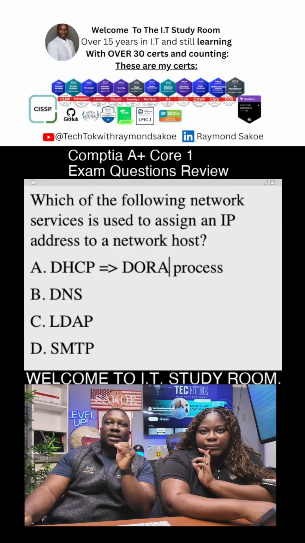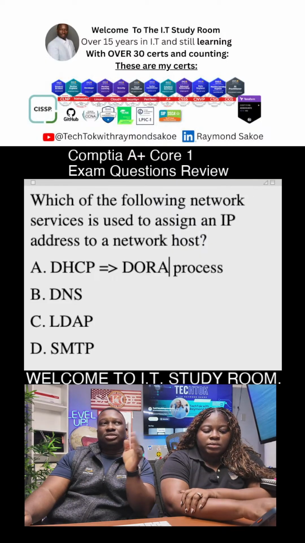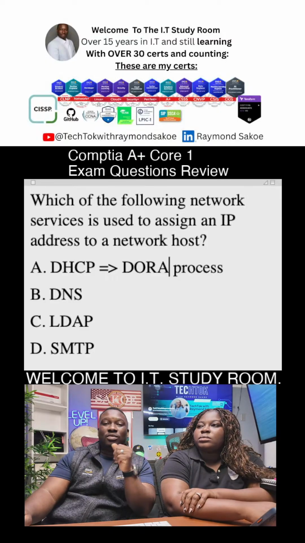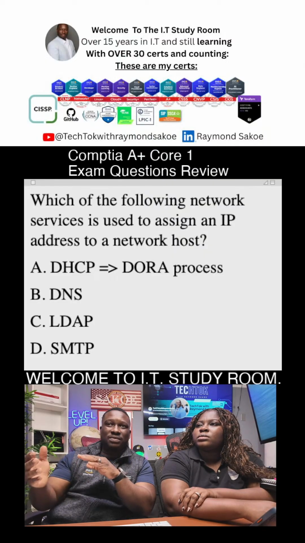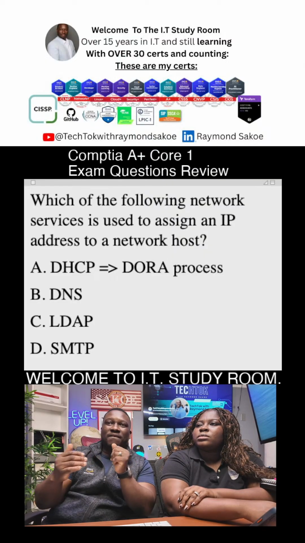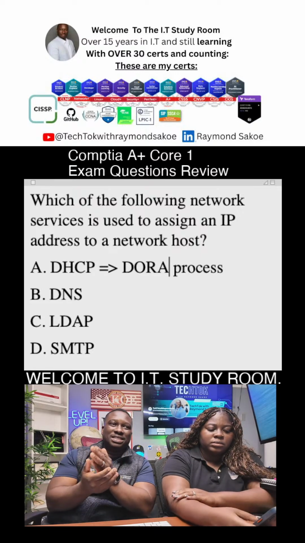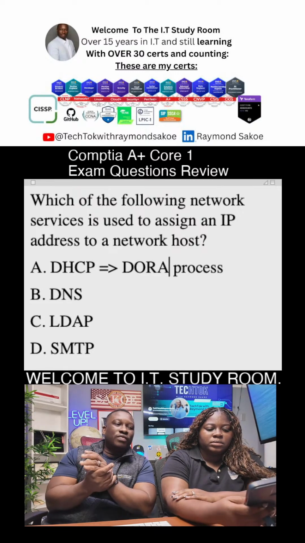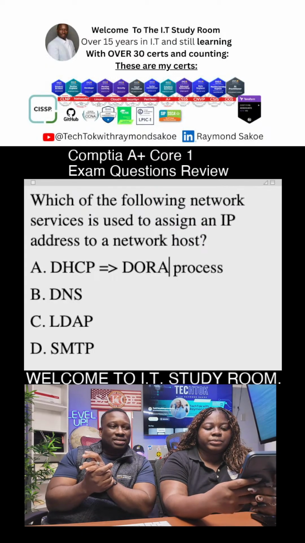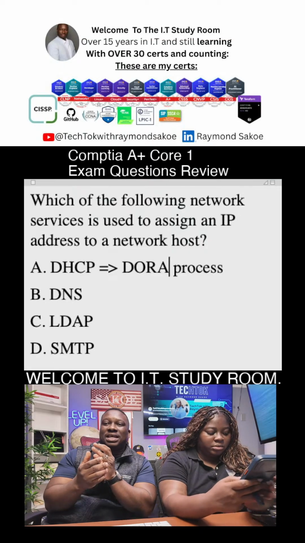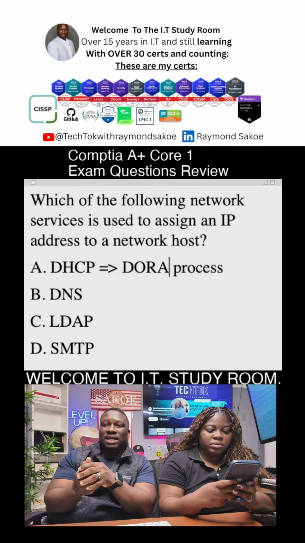When you connect a device to a network, either wireless or wired, and the network is set up for DHCP, which means the server automatically assigns IP addresses, the first thing that happens is the device itself sends a discovery, which is a broadcast.